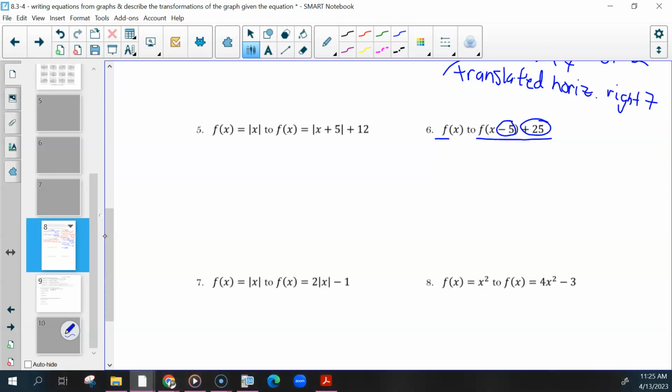Would that be horizontal or vertical? And then what type of transformation would that be? Shift, reflection, stretch, compression.